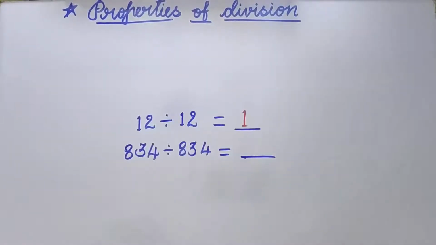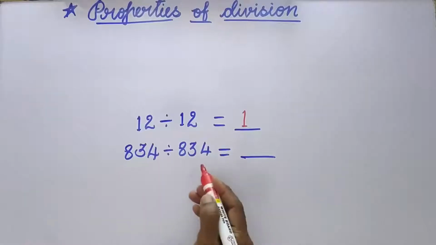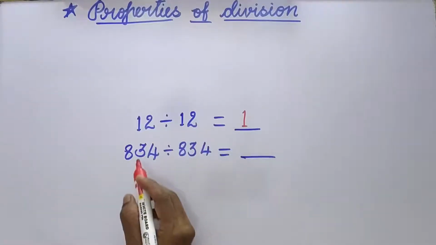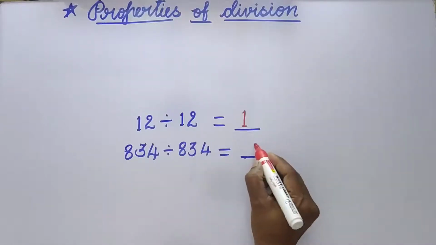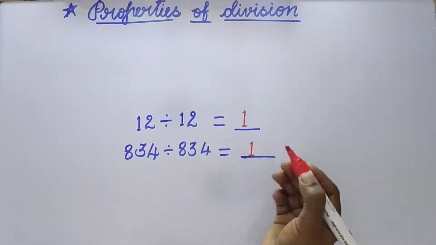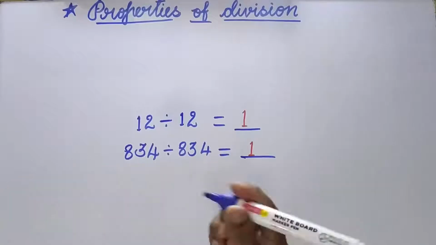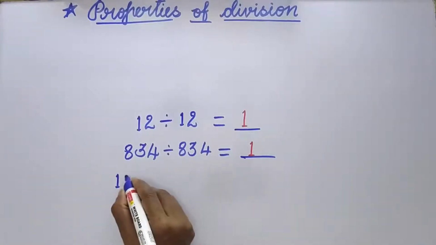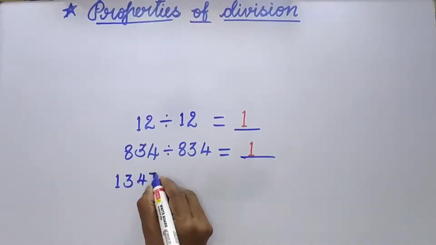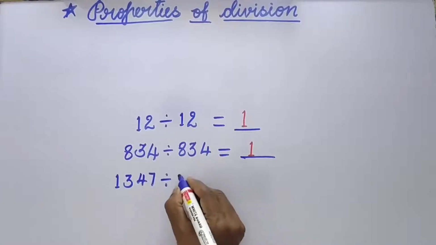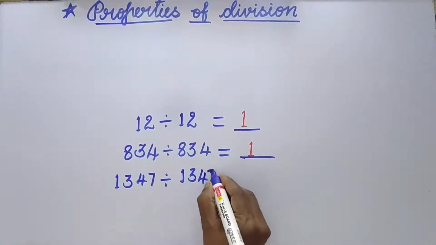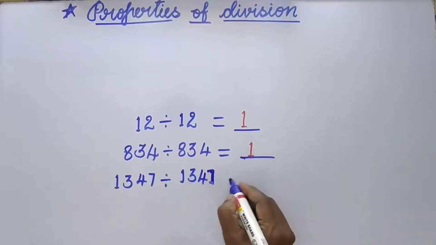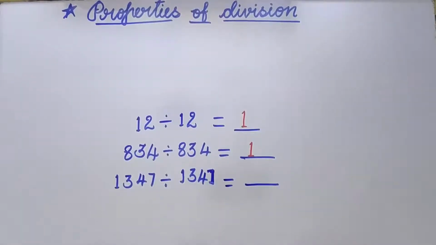If it is a 3-digit number, 834 divided by 834, of course, the same, if a number is divided by itself, the quotient or the answer will be 1 itself. Okay. If it is a 4-digit number, 1347 divided by 1347. Of course, what may the answer be? Yeah, you are correct.